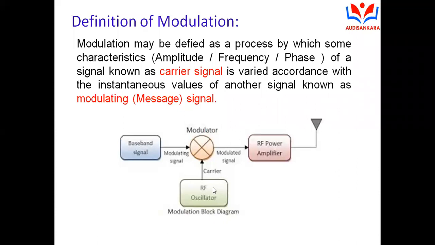The other signal we require is the carrier signal, which is taken from the RF oscillator. Oscillator means it generates the signal without any input.